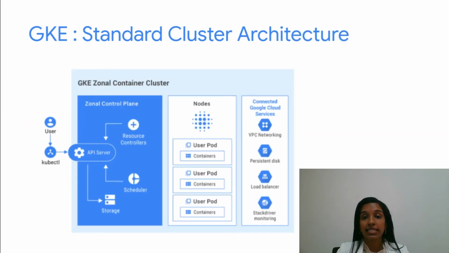Now let us see a standard cluster architecture for a Google Kubernetes Engine, which will be running on a zonal cluster. For a zonal cluster, there will be a single control plane, and there are going to be a set of nodes, node pools. Node pools will have identical virtual machines.